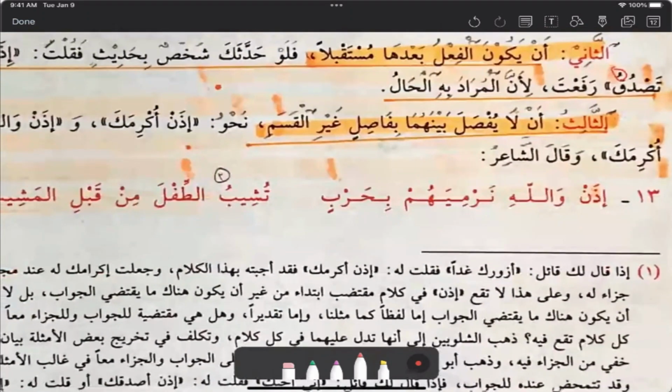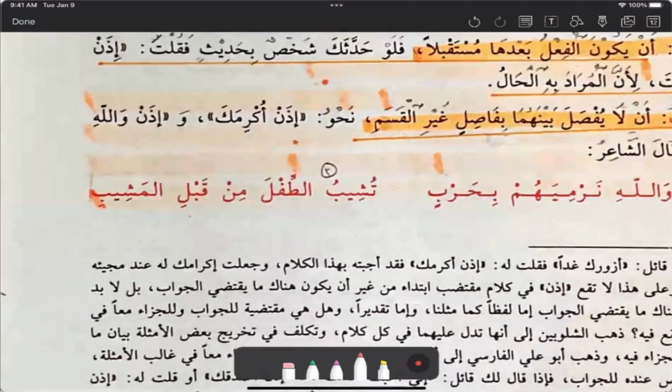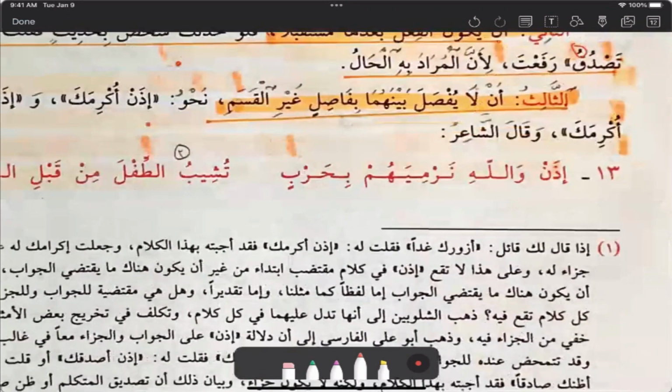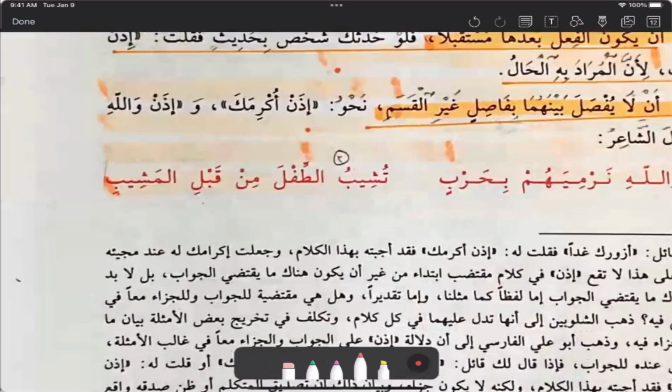الثالث ألا يفصل بينهما بفاصل غير القسم. And the third condition is that nothing comes between them, no barrier comes between them other than a swear. Such as idhan ukrimak.